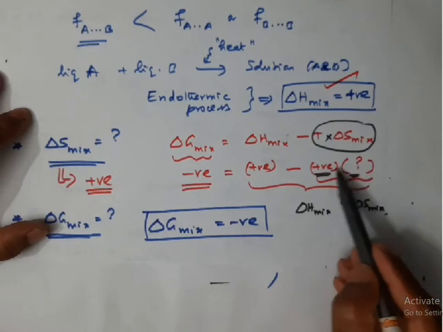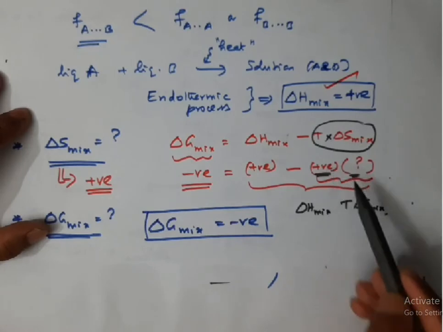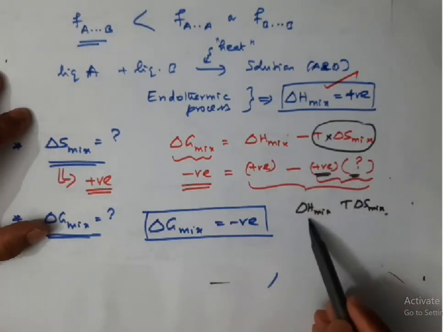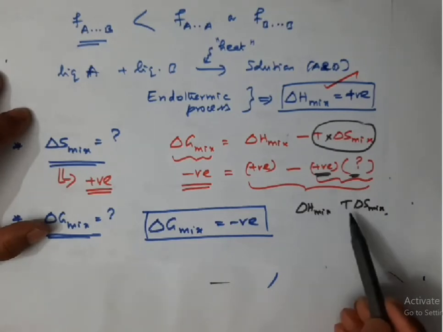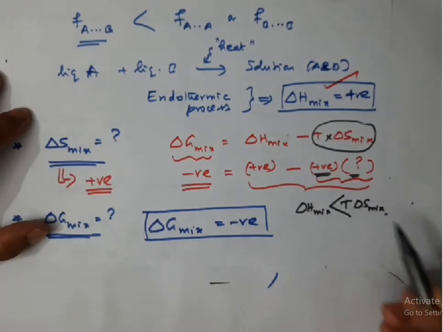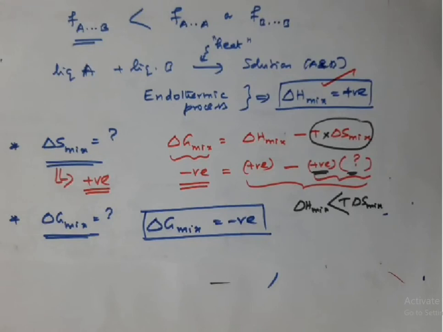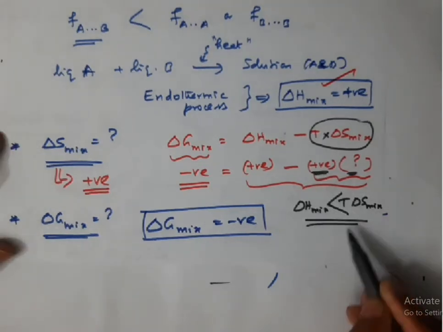If these two are positive, positive into positive is positive, delta H mixing also positive, but in these two, if T into delta S mixing is greater than delta H mixing, we will get solution with the positive deviation. Note down, very important.